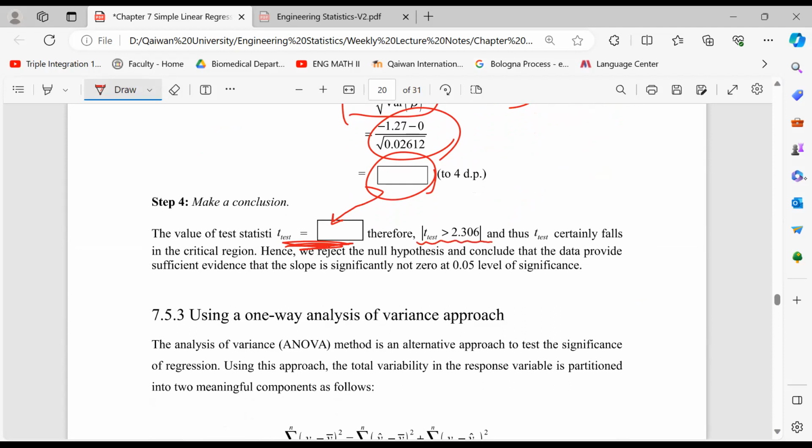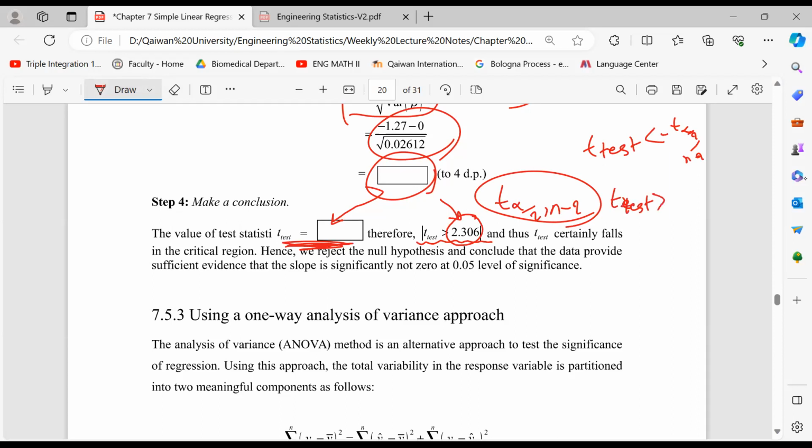Is it greater than this value or not? This value is t of alpha over 2 and n minus 2. If the t-test is less than minus t of alpha over 2 and n minus 2, or if the t-test is greater than t of alpha over 2 and n minus 2, if any of these two cases holds, we reject H naught.